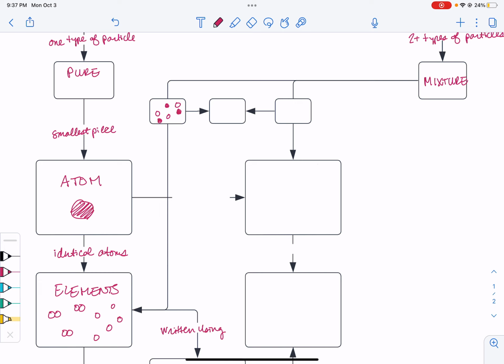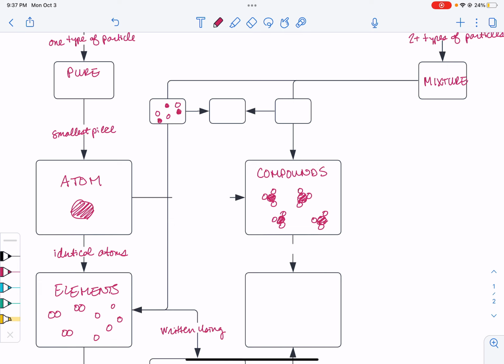Now, we can also have mixtures of things that are stuck together. Our particles that have two or more things stuck together, we call compounds. So compounds are going to have two or more different types of particles stuck together. Once you have different atoms stuck together, you make compounds.